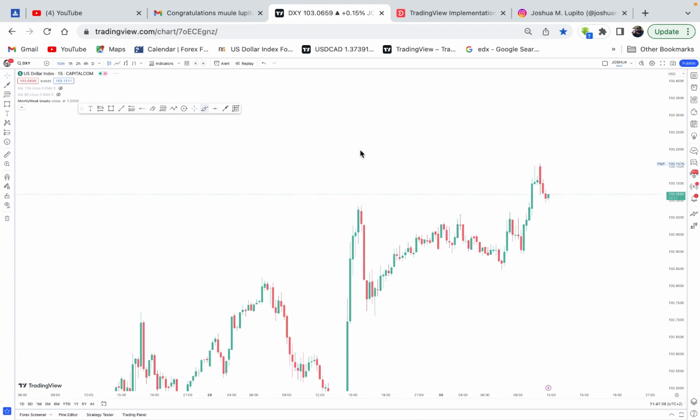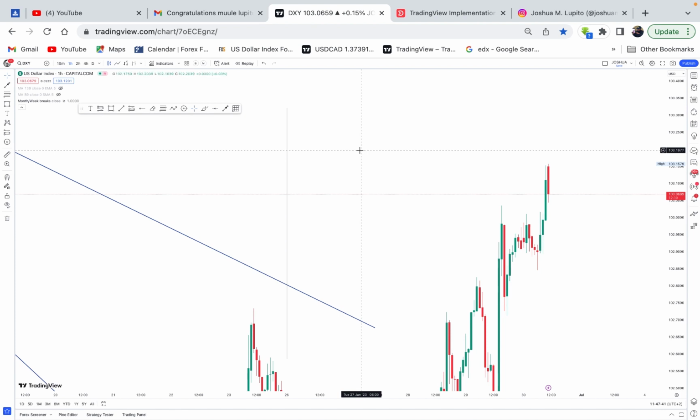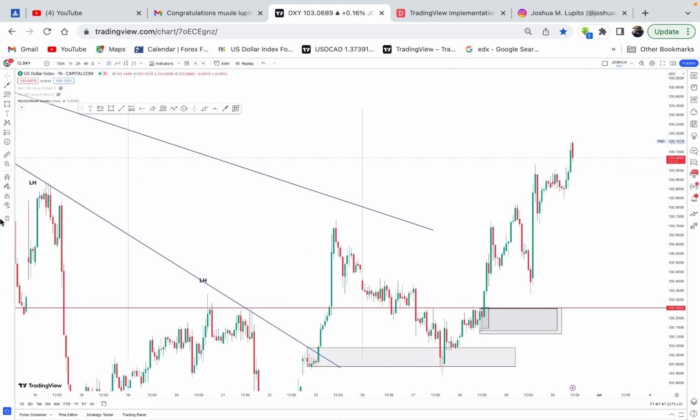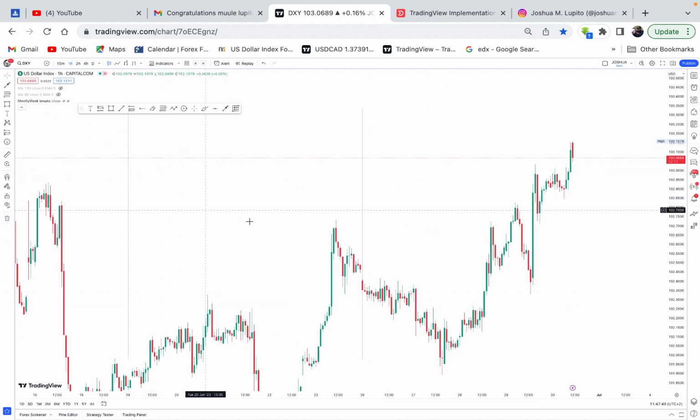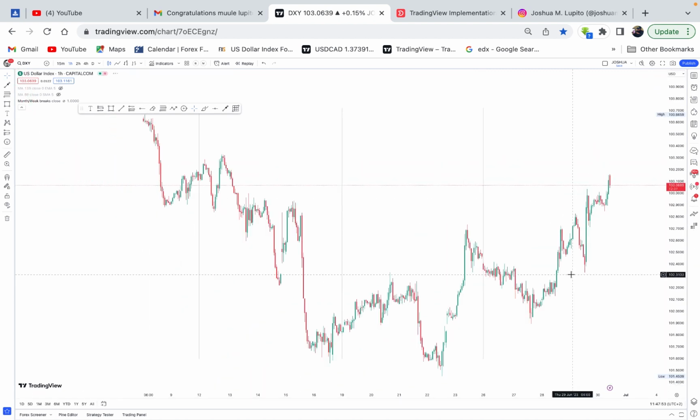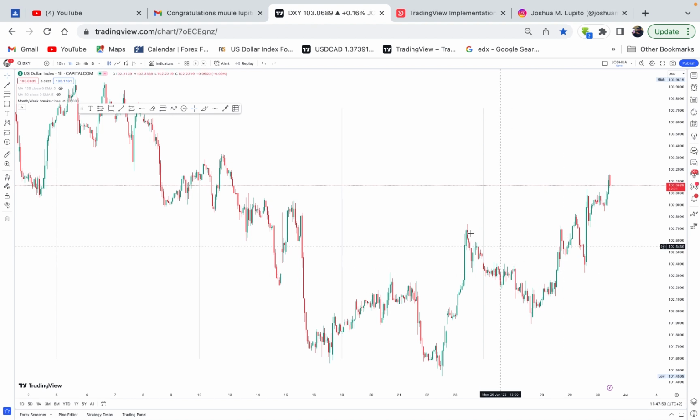If you don't know what the dollar index is saying, you don't know how to trade the USD pairs, because almost every trader looks forward to knowing the behavior of the DXY in order to trade the Euro USD, gold, GBPUSD, any pair that contains the USD in it.